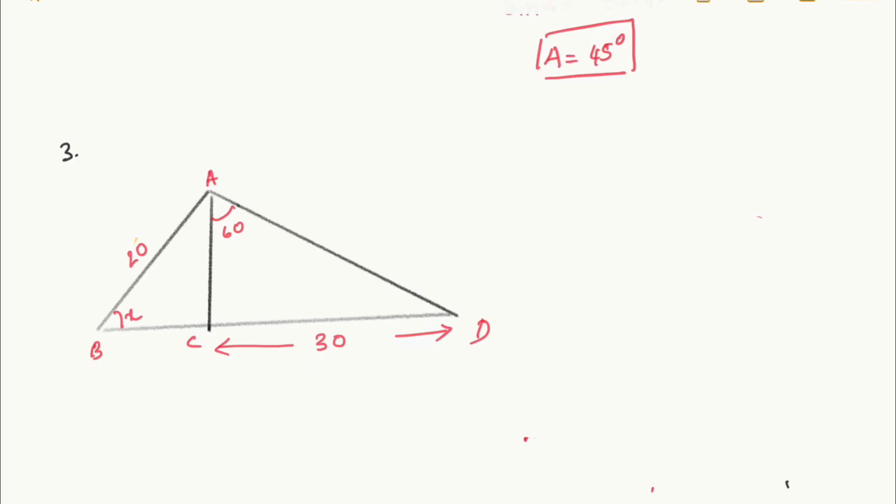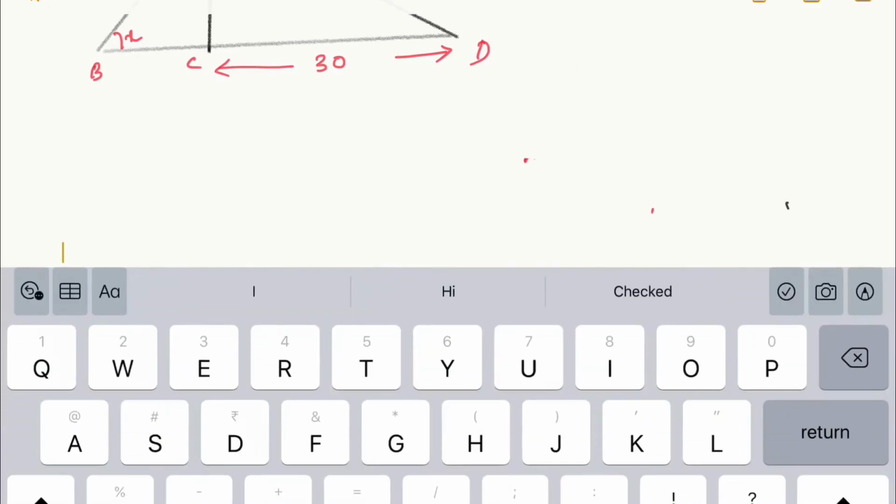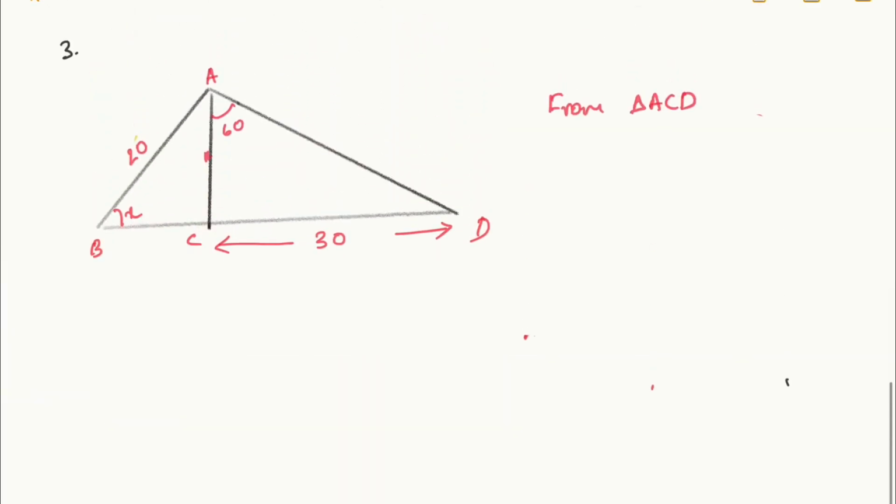So in order to find x from ABC, we need to know at least two sides, right? So using the triangle ACD, we shall find this side. Okay, let us do that. From triangle ACD, you need to find AC. AC and CD is given to you. So with the given angle, let us find out. Tan 60 is equal to CD by AC.